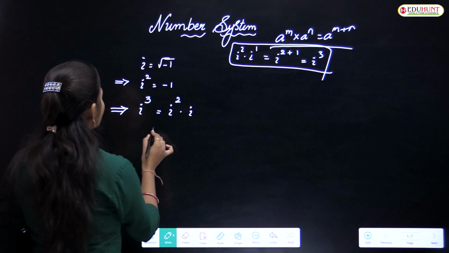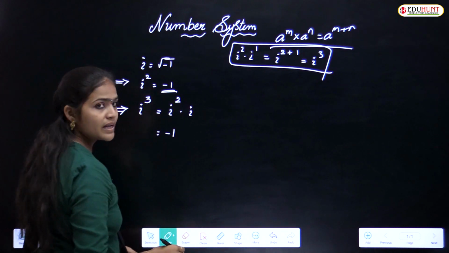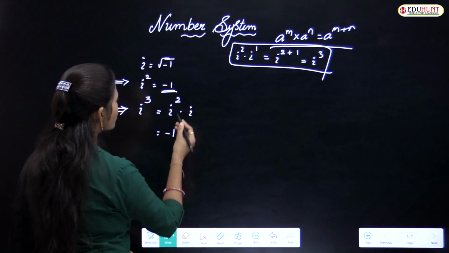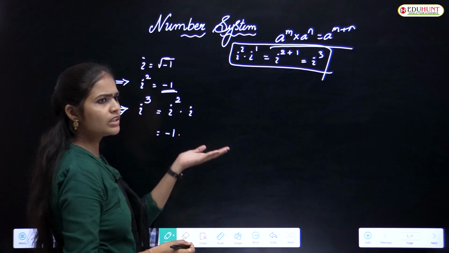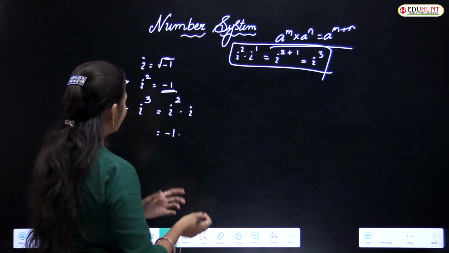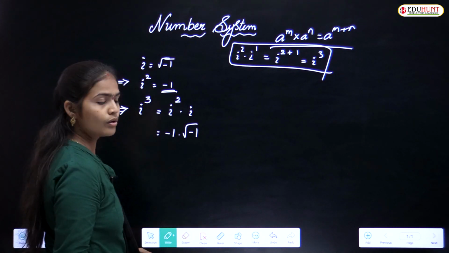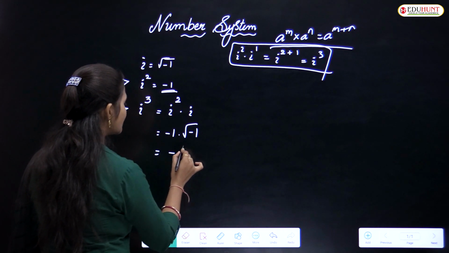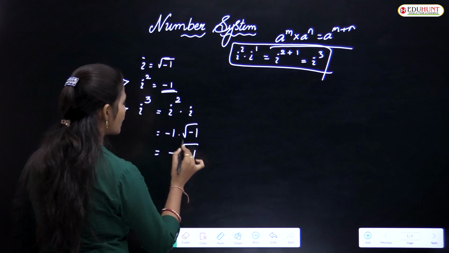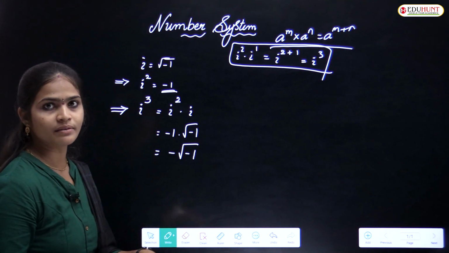Now i square is equal to, we know the value, minus 1, and i is again square root of minus 1. So minus 1 into square root of minus 1 gives us minus of square root of minus 1.